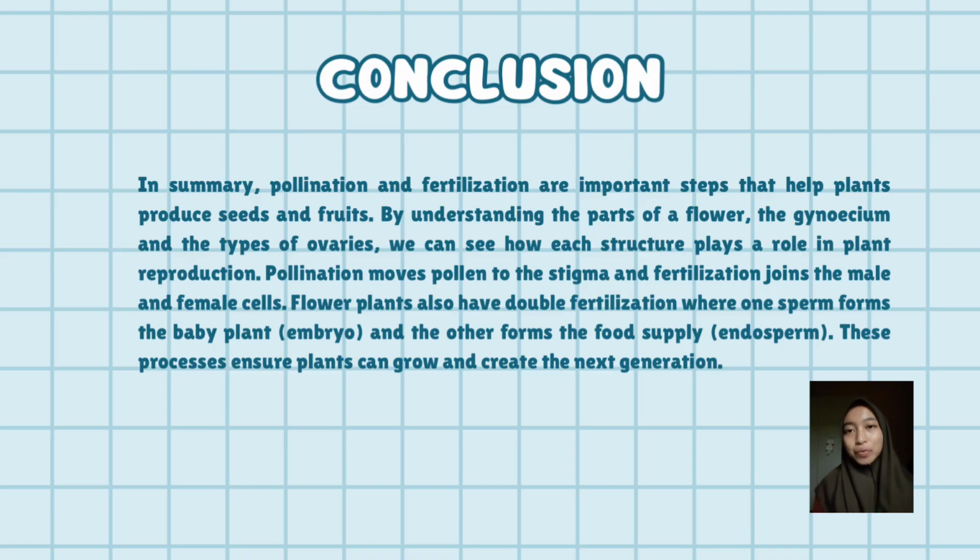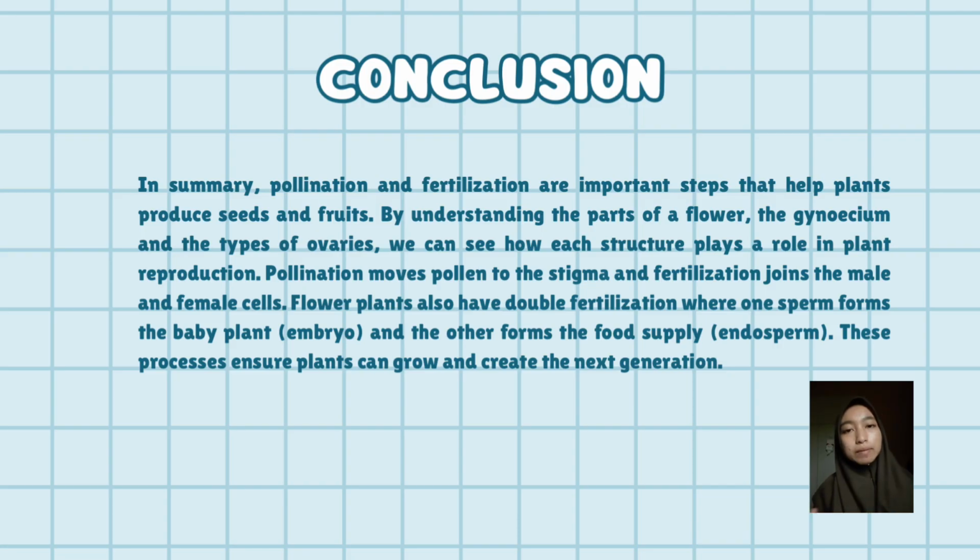Alright, after we look at and understand this topic, we can conclude that pollination and fertilization are important steps that help plants produce new seeds and fruits. By understanding the parts of a flower, the gynoecium, and the types of ovaries, we can see how each structure plays a role in plant reproduction.